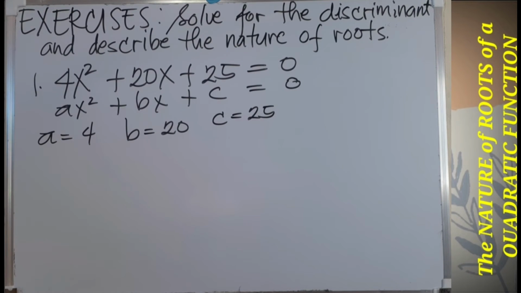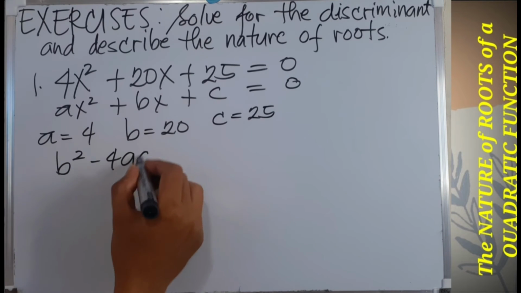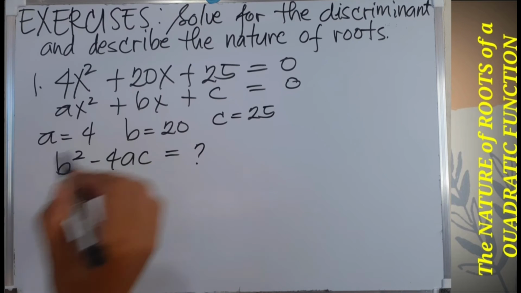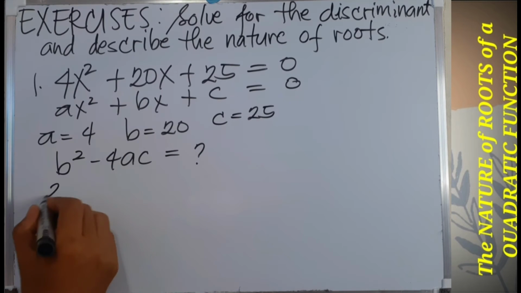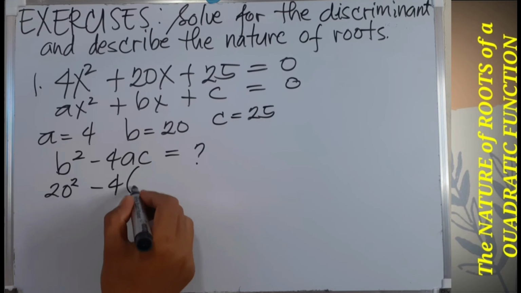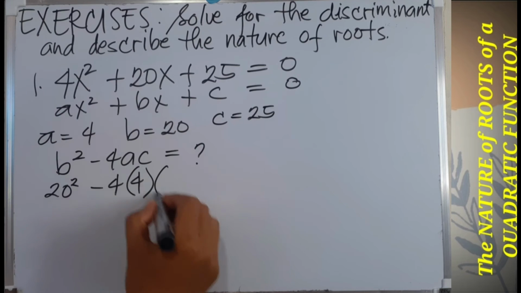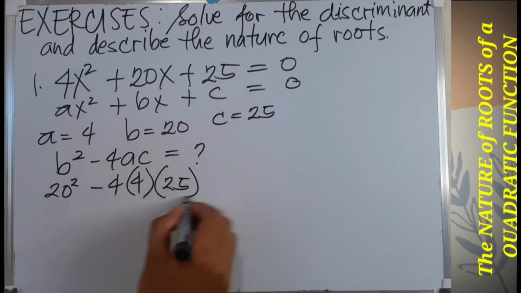After getting the value of a, b, and c respectively, solve for the discriminant. B squared minus 4ac. B squared is 20 squared minus 4. The value of a is 4. The value of c is 25.